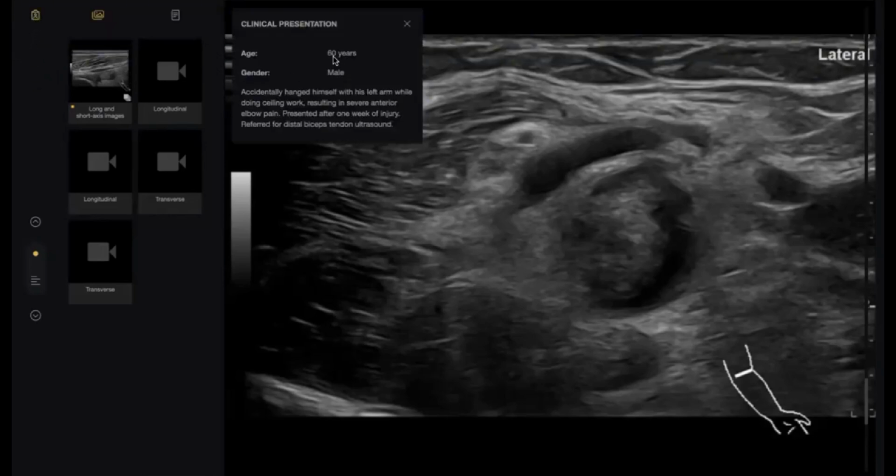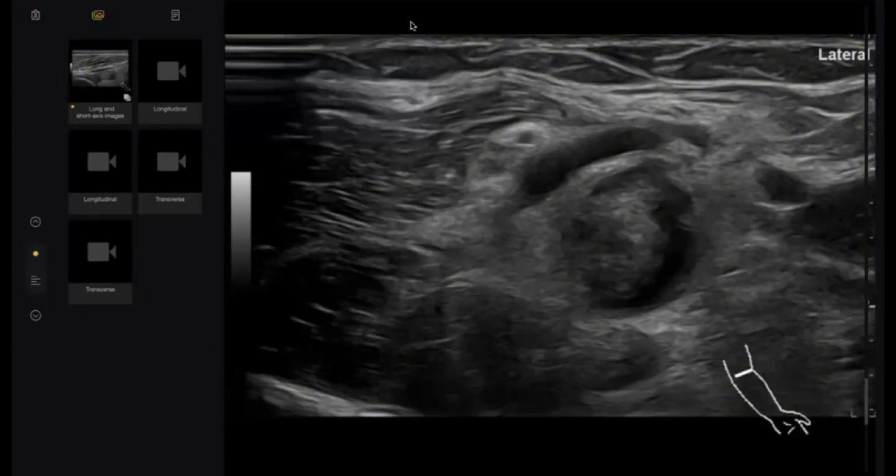But doctor, this patient was 60 years old. Okay, sir. What is the predisposing factor in old age? Generally speaking, which is too much predisposed to tendon rupture. Sir, marked degenerative changes. Okay, what else?